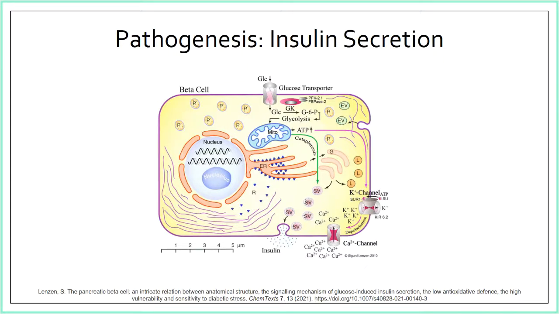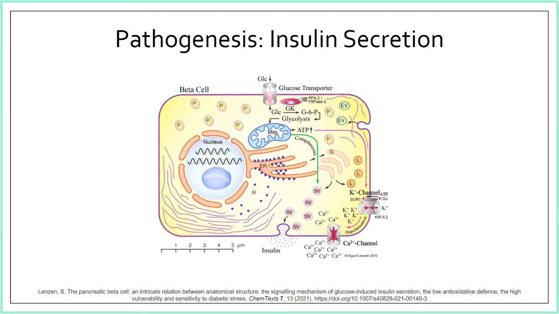The glucose is then phosphorylated by glucokinase, which is also known as the glucose sensor of the cell, and this results in an increased metabolic flow rate and an increase in the ATP to ADP ratio. The ATP then binds to the ATP-sensitive potassium channel located on the cell membrane of the beta cell, and this causes a depolarization of the cell. The channel protein is associated with a second protein, the sulfonylurea receptor, and this is the site of action of the sulfonylurea medications.